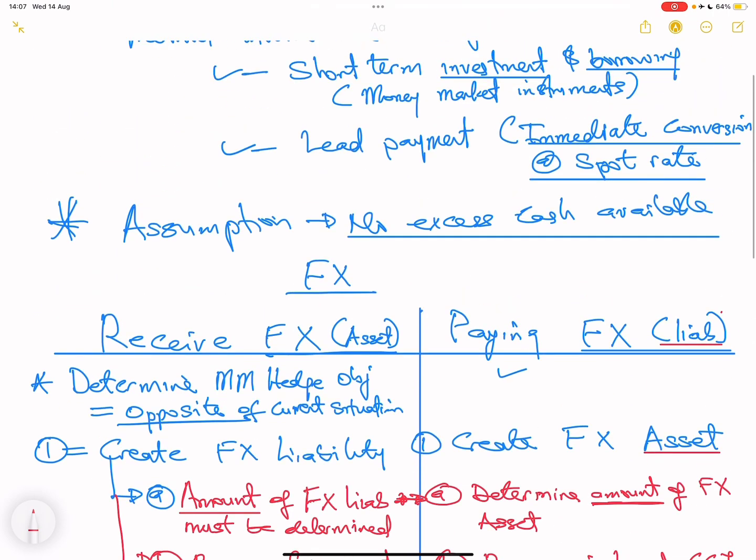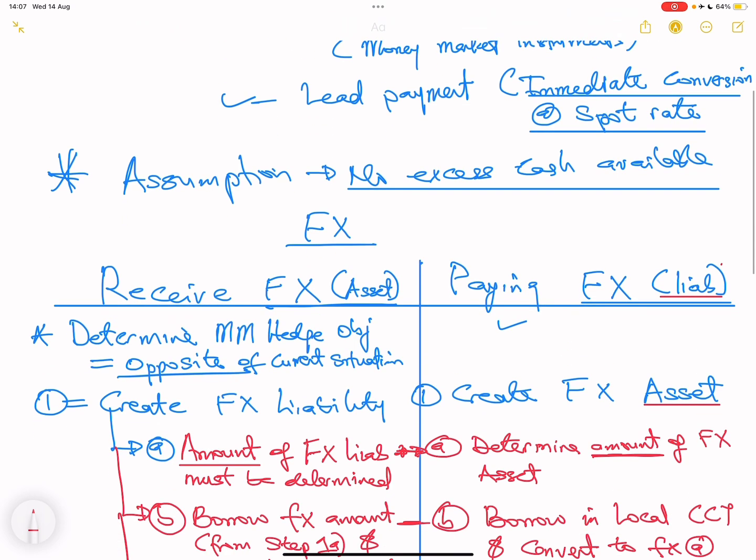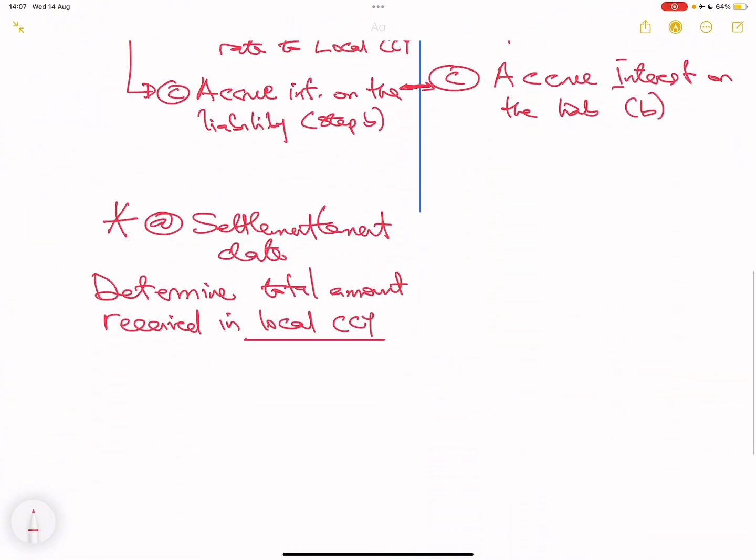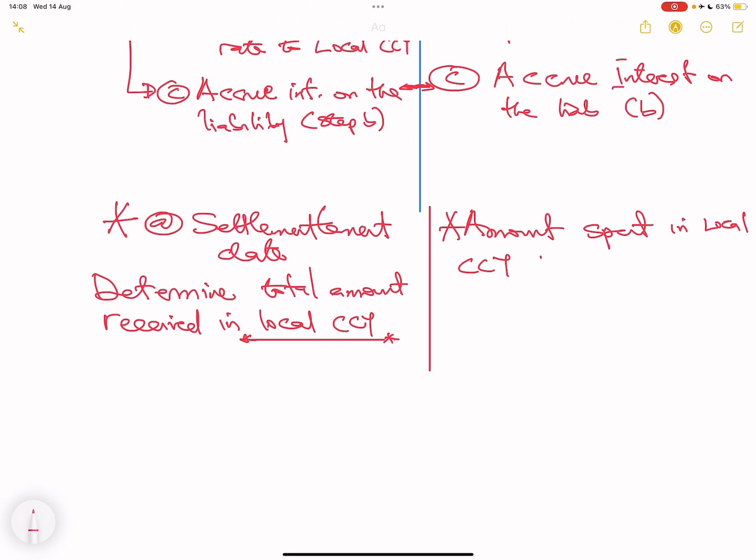Remember, this is usually happening in the future, maybe in 1 month's time, in 2 months' time, whatever period it is, after doing all the calculation. This FX that has now been received and closed out, what does it amount to using this method in local currency? Similarly, on the other side, you must be able to determine the total amount spent in local currency to settle the FX liability.